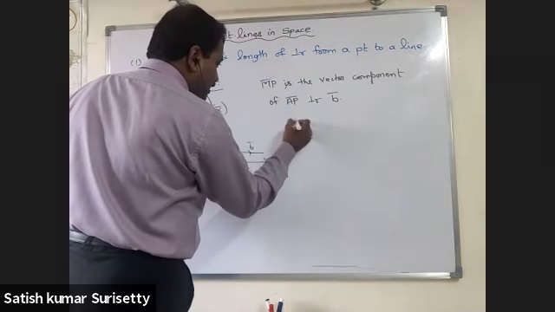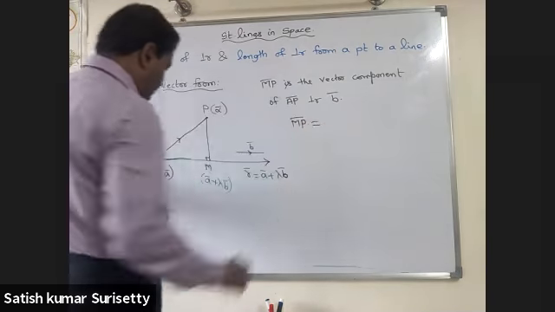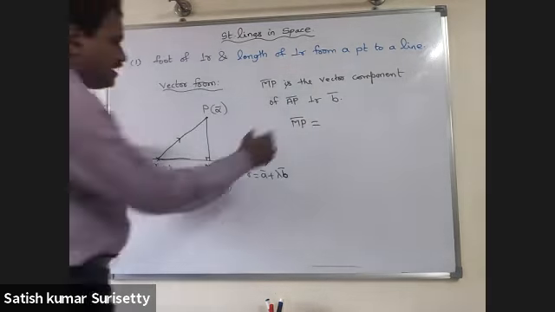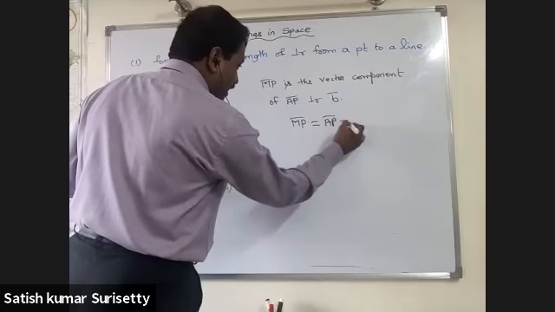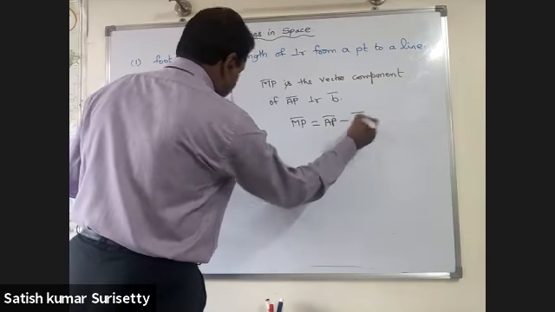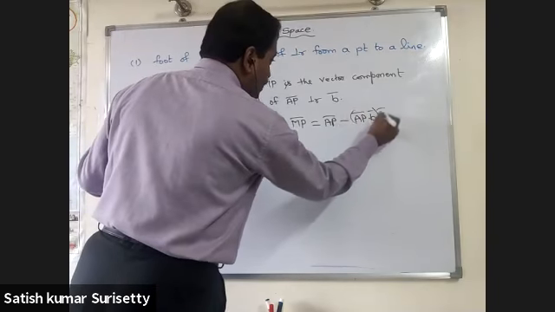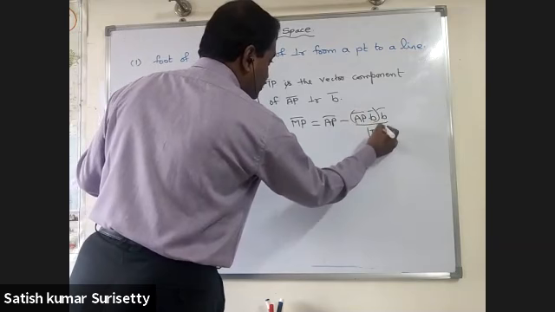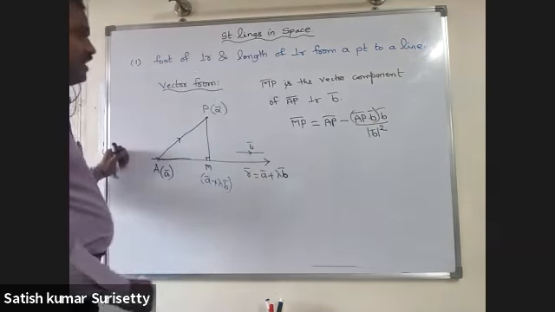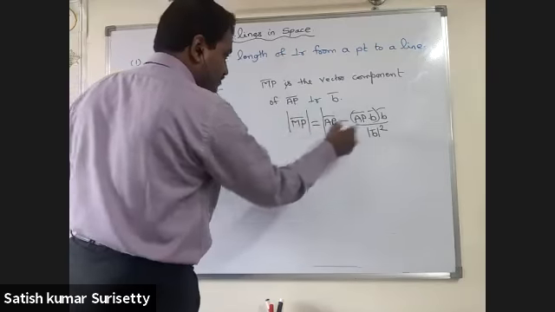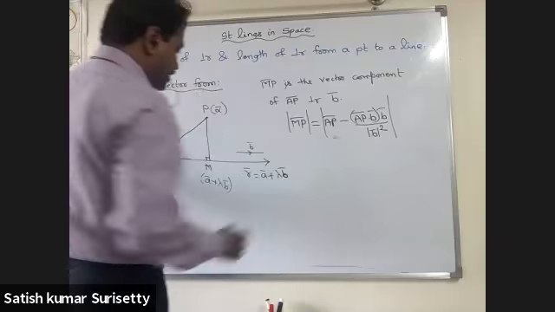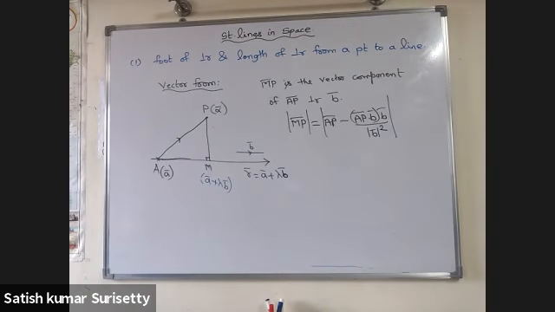So we can write MP bar as AP bar minus (AP bar dot b bar) into b bar upon modulus of b bar whole square, and the length of the perpendicular will be the same as the previous formula.